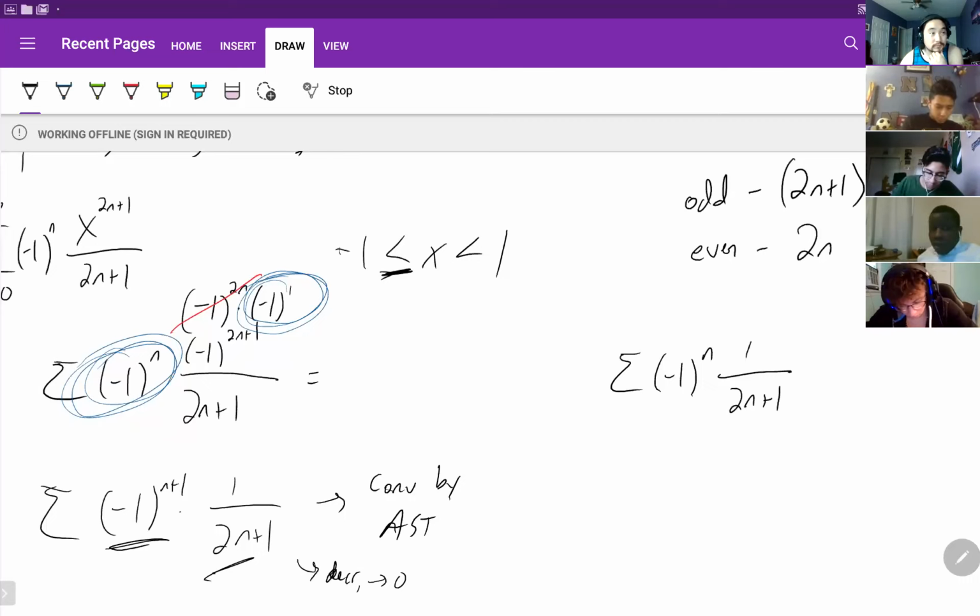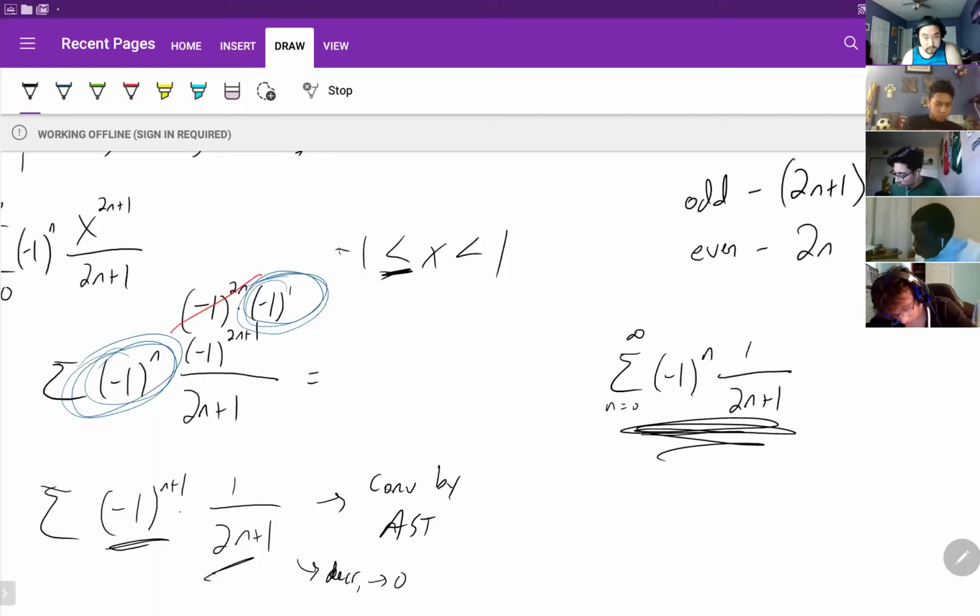Anyone? Hello? Is anyone there? You guys listening? What's going on with this one? Isn't this also converging? Yes, this is also converging. Why? Because it's harmonic, but it has an alternator. Exactly. It's the same thing as before.